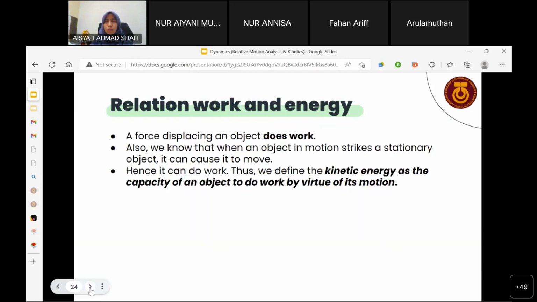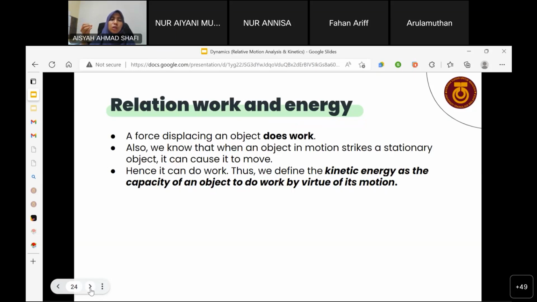As in the video, energy is the capacity of an object to do work. So when we apply force and the object moves with certain displacement, work is done.